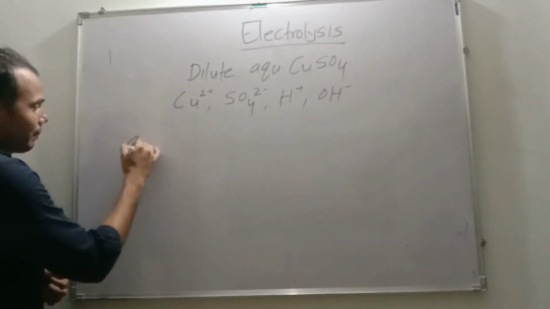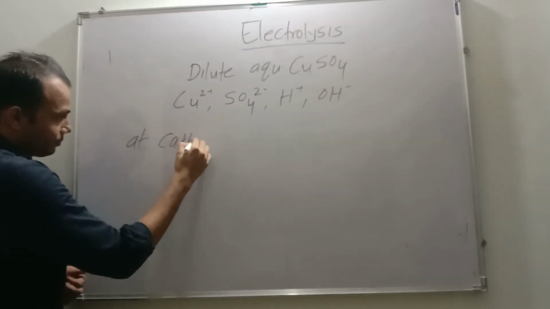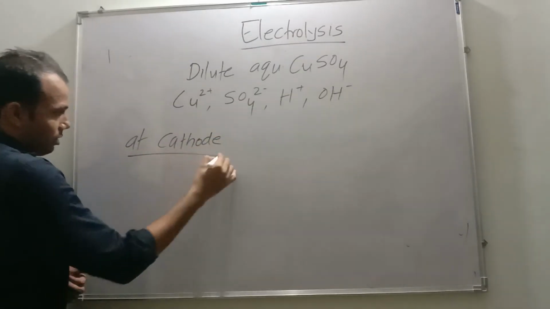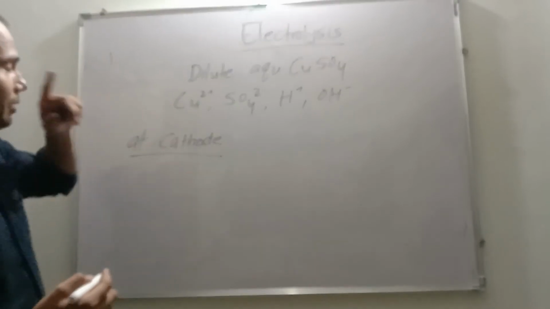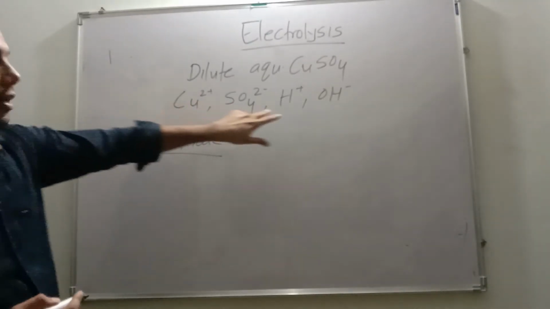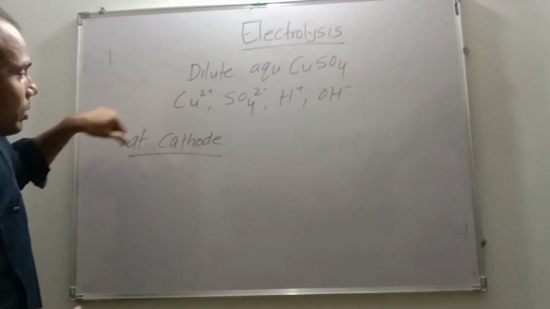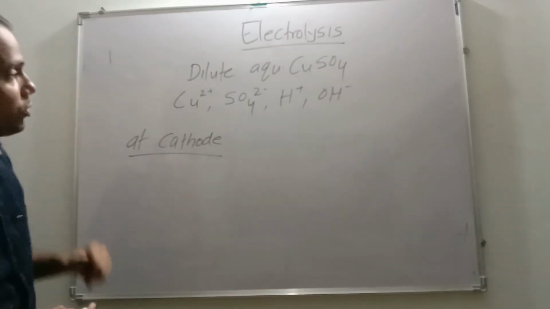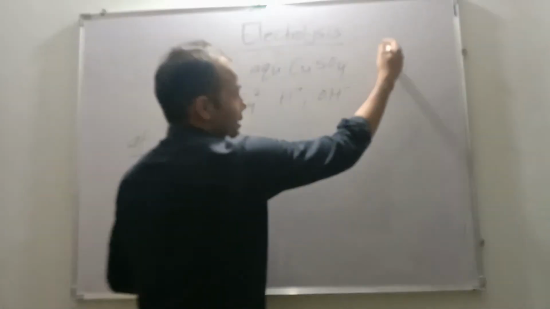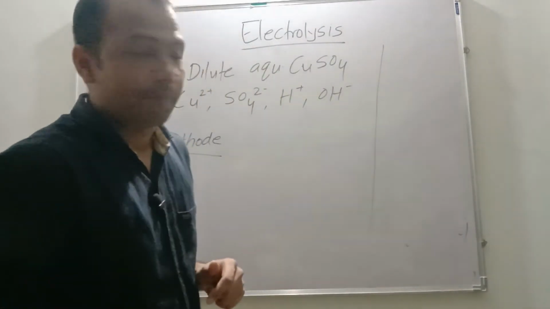So what is going to happen at cathode? If you look at this, copper and H plus, there are two cations. Which one is going to discharge at cathode? For that you look at the reactivity series of cations.